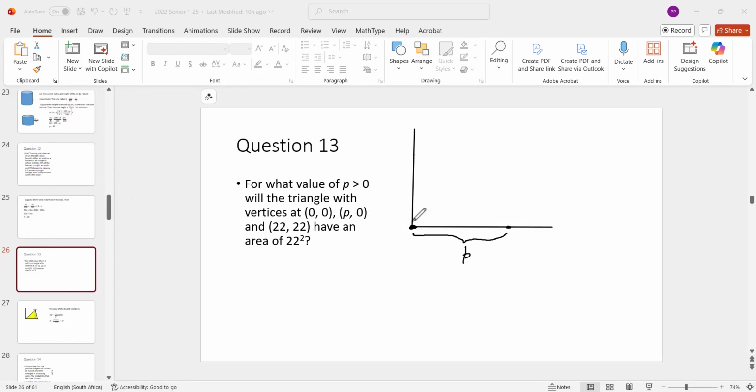And then (22, 22). So the x coordinate and the y coordinate are the same. So let's just put it somewhere here. Now what does this mean? It means that the y coordinate is 22 and the x coordinate is also 22.